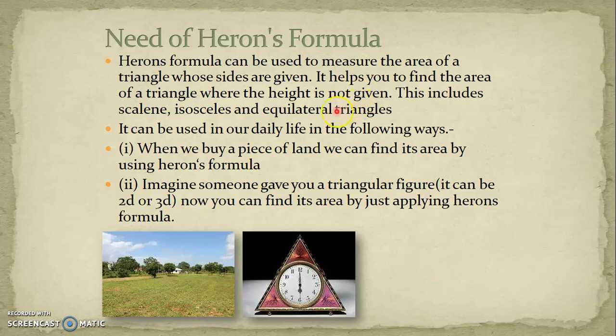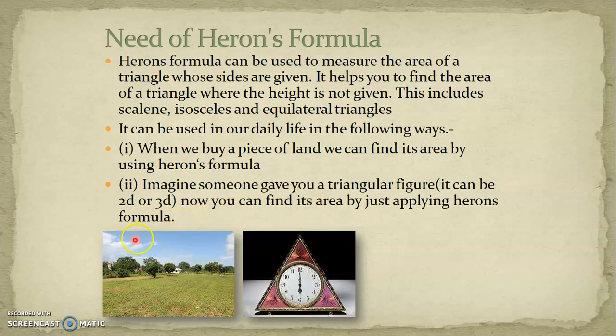Now you will study this new formula. Second, it can be used in our daily life. When we buy a piece of land, we can find its area by using Heron's formula. Also, if someone gave you a triangular figure, 2D or 3D, you can find its area by just applying Heron's formula.